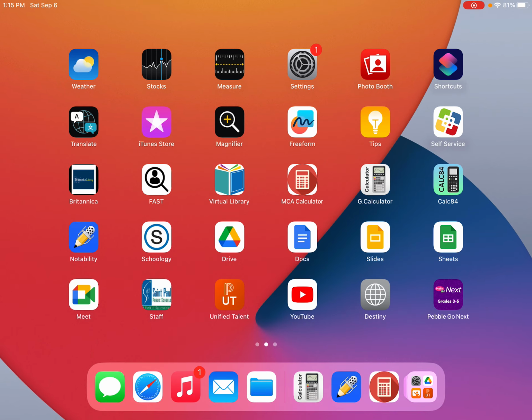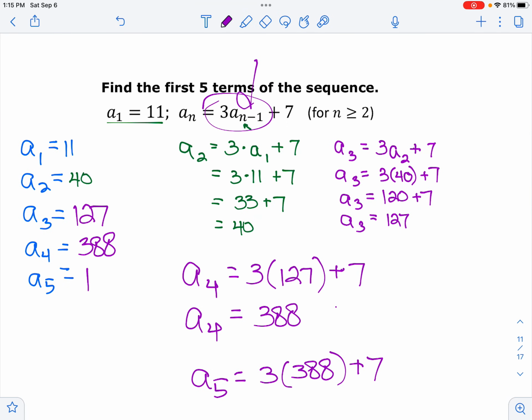Okay. So now we found the first 5 terms. Now a little bit more challenging than the previous one, but still doable. And then once you know the pattern, it's pretty easy.